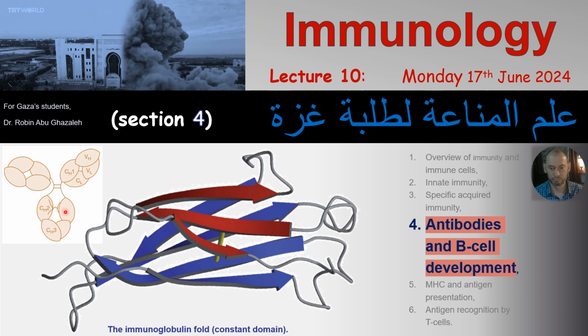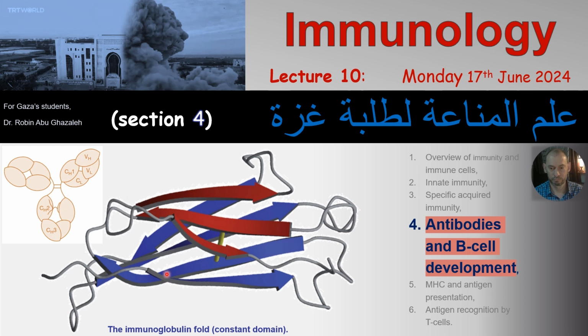Each of these domains basically comprises a specific structural pattern called the immunoglobulin fold, which is basically a 3-stranded beta sheet folded over a 4-stranded beta sheet, represented in red and blue respectively. And this yellow bar joining the two is a representation of a disulfide linkage between two cysteine molecules in here.